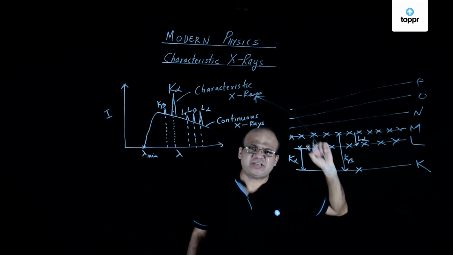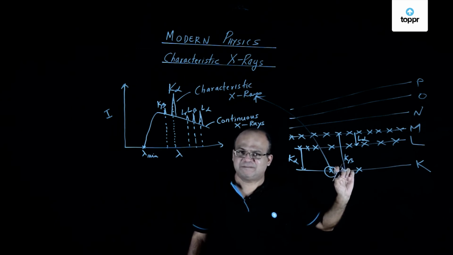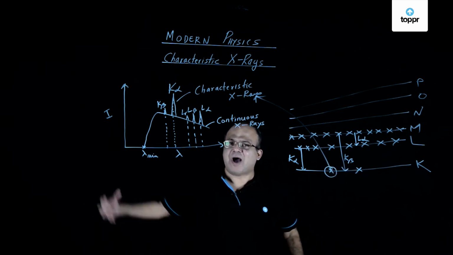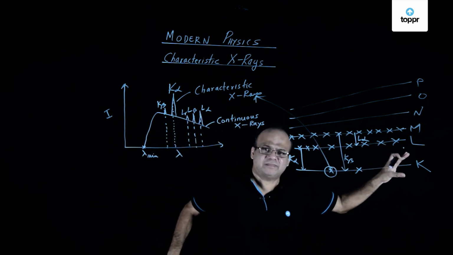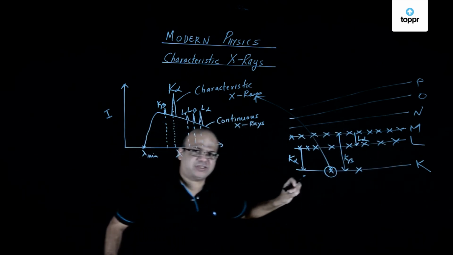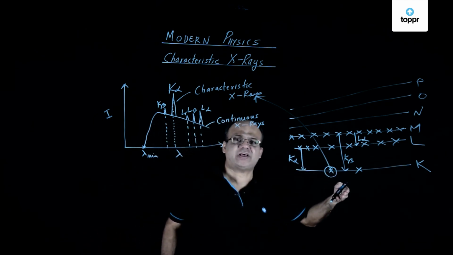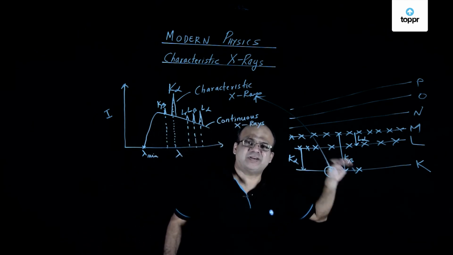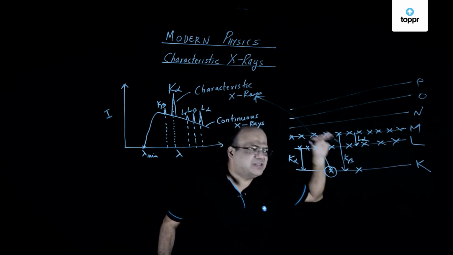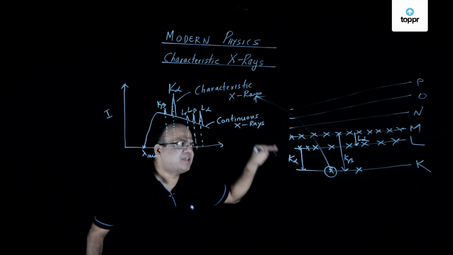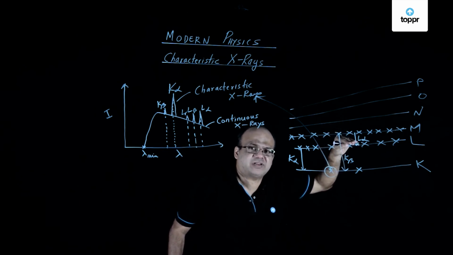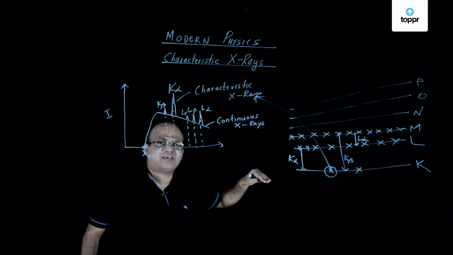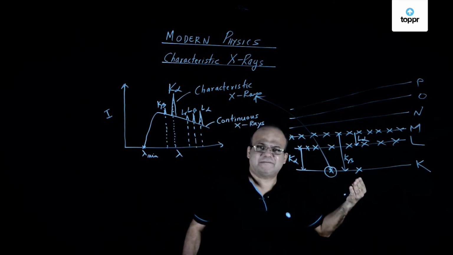So characteristic X-ray emission occurs when a bombarding electron that hits a target atom has sufficient energy to remove an inner electron from the target atom. The vacancy created is filled when an electron from a higher energy level drops down to fill this vacancy.